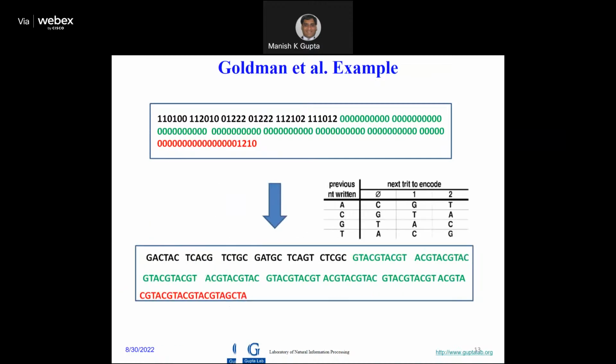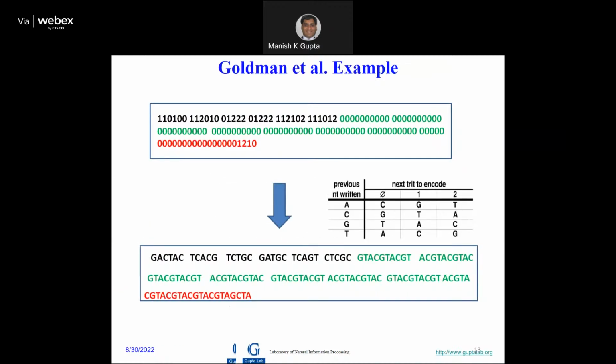This is a beautiful thing actually, and I think I mentioned this map to you earlier also. In this example it takes ternary digits, 0, 1, 2, and gives us a string of ACGT such that no two identical nucleotides occur consecutively.